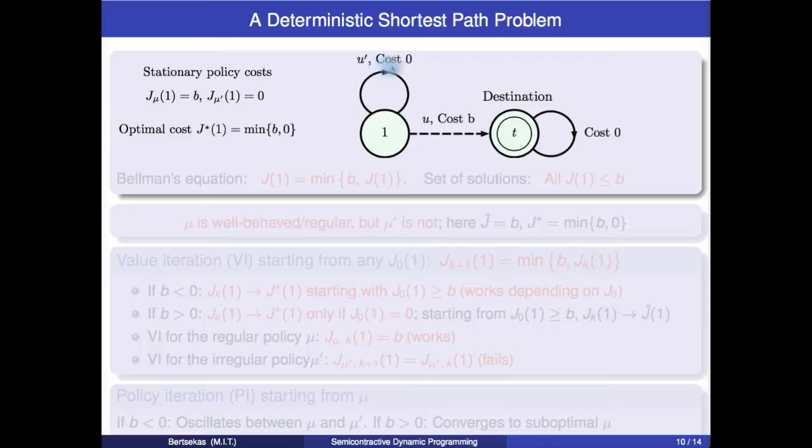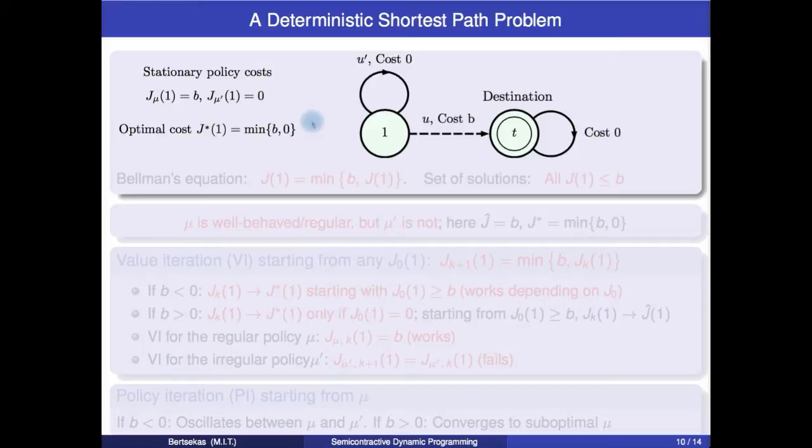The more complicated problem is where the cost is 0, in which case there are two stationary policies. One is the policy mu that takes you directly to t, associated with choosing u, and the cost associated with that is b, the cost starting at node 1. The cost of starting at node 1 with policy mu prime that chooses u prime is 0. So we know the cost of the two policies, and we also know the optimal cost is the minimum of the two.